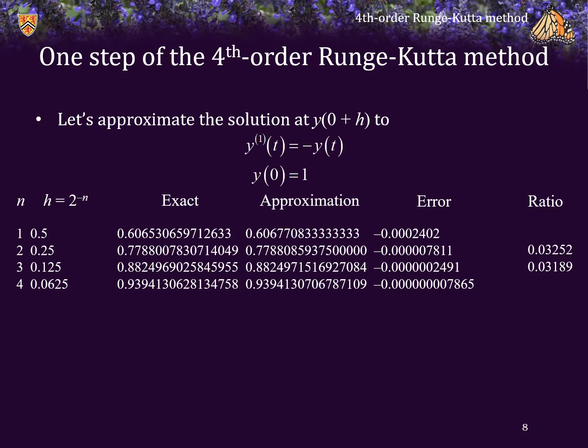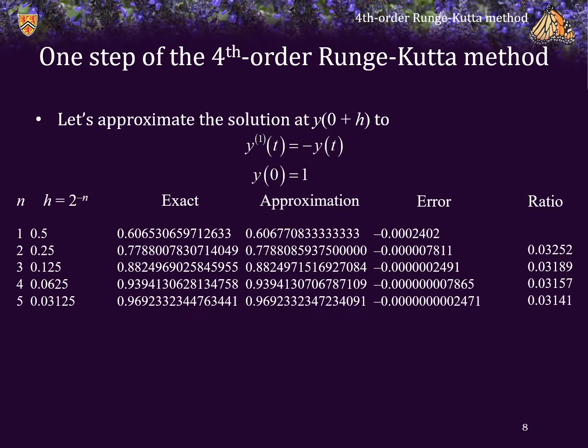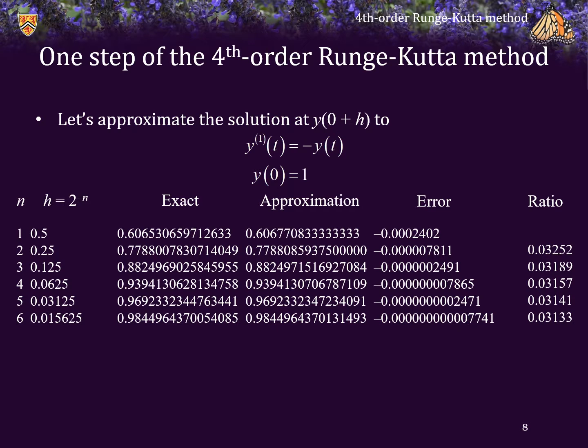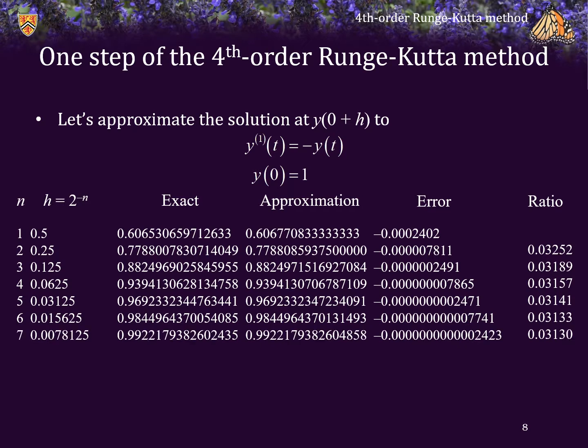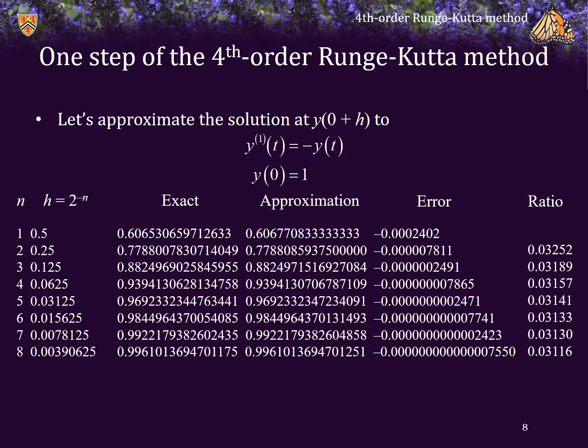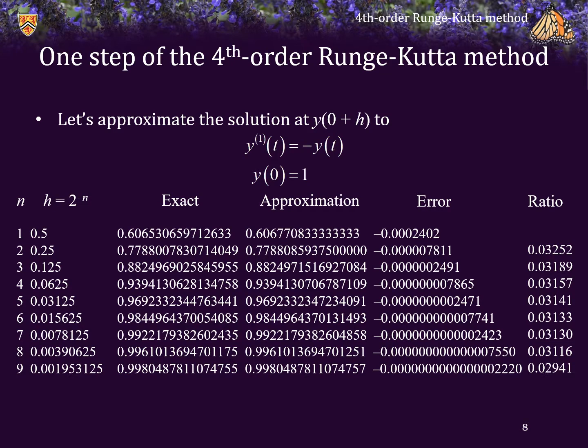Divide h by 2, more accurate, and the error drops again by 1 over 32. And again, with each successive step, the error is becoming negligibly small. Indeed, with h is equal to 2 to the -10, we get an exact approximation. The ratio is 0.